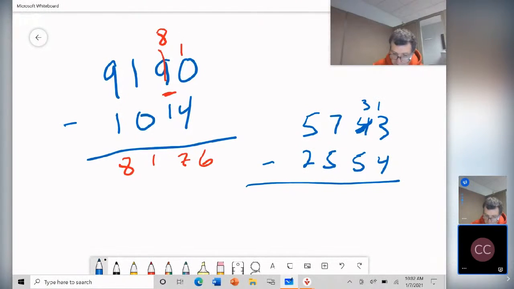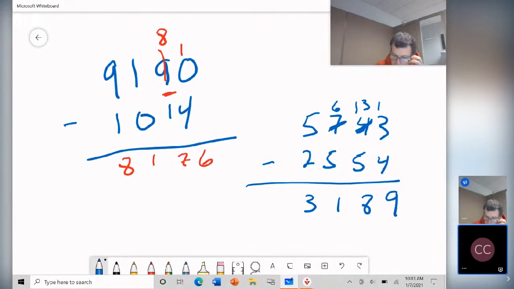That's going to be 13 minus 4 is going to be 9. Then I look over here, and once again, the 3 is smaller than the 5. So we're going to have to borrow from over here. That becomes a 6. That's 13. 13 minus 5 is going to be 8. The 6 minus the 5 is the 1. And the 5 minus the 2 is going to be the 3. So 3189.